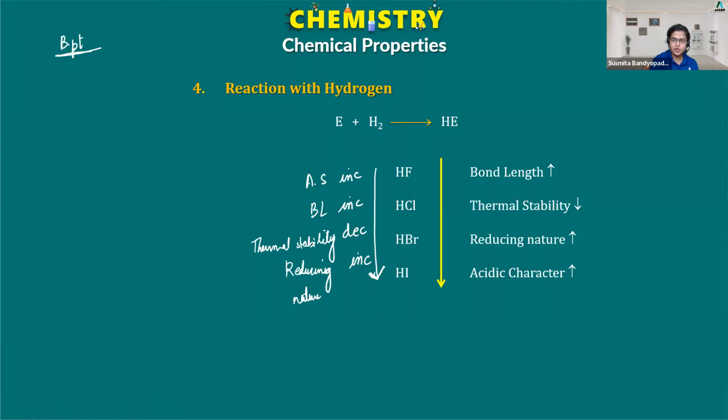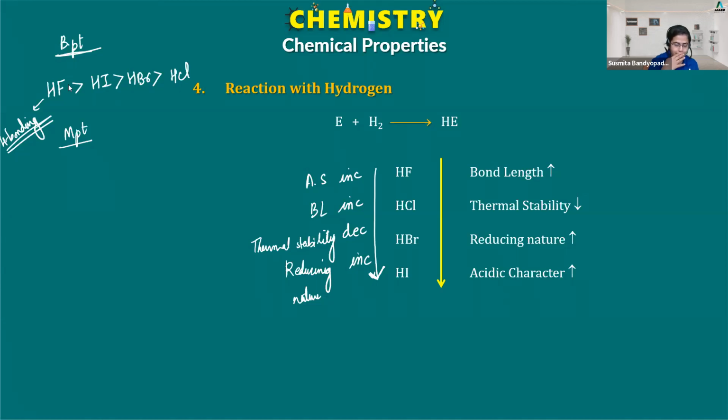No, that was not the case. For boiling point, the order is HF because of hydrogen bonding, then HI due to its size, and then HBr, and then HCl. Very strong hydrogen bonding makes it difficult to break the bonds and convert it into the gaseous state.